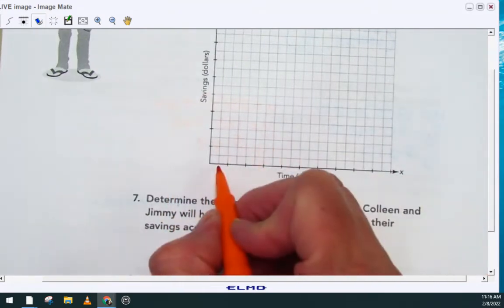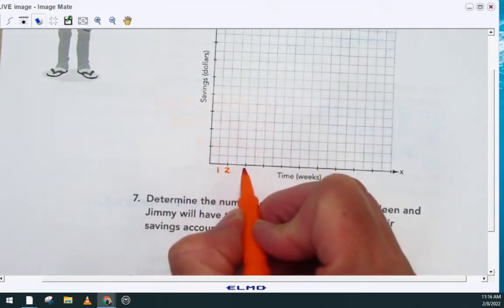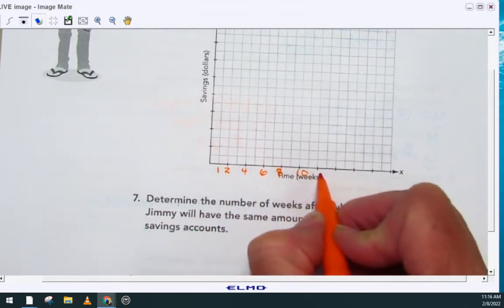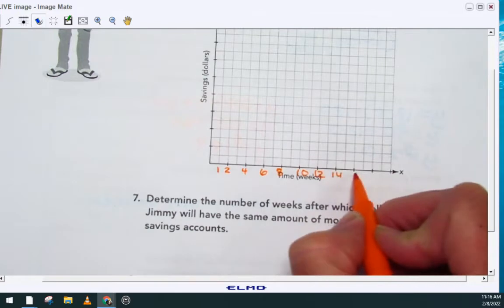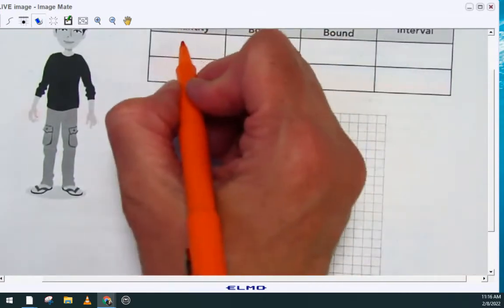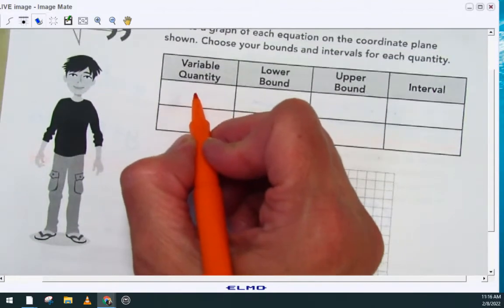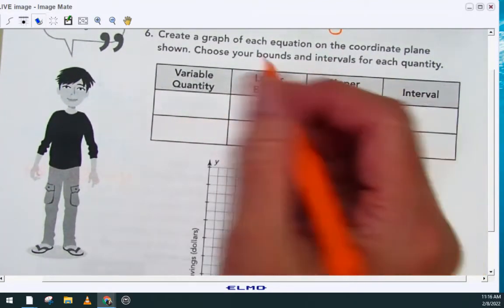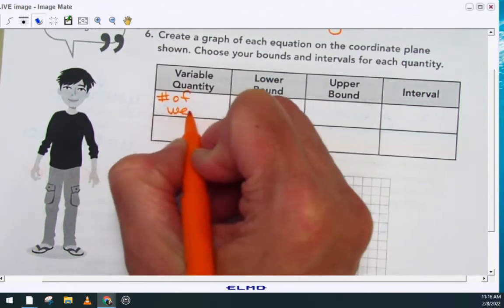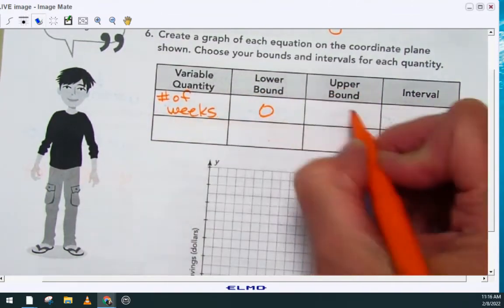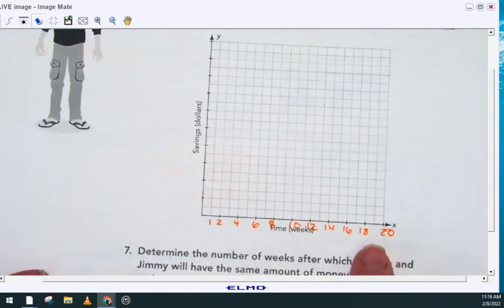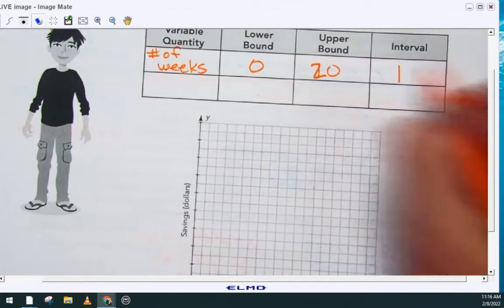We could probably go up by 2. 4, 6, 8, 10, 12, 14, 16, 18, 20. Okay, so variable quantity. So we're talking about the number of weeks. They're starting at 0. The upper bound is 20 because that's what we got to right here. And we're going up by 1s.